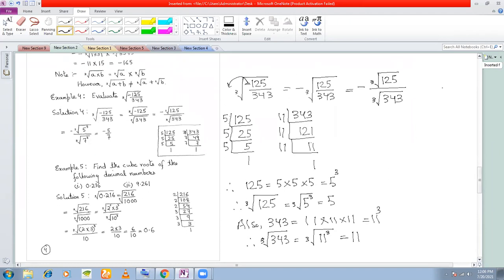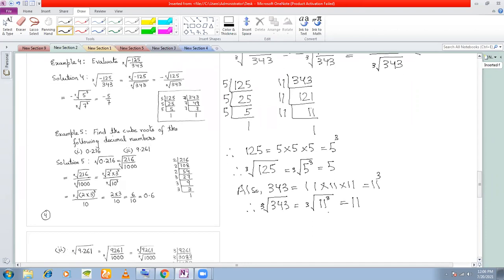Okay. So now coming back here, we had written cube root of minus 125 divided by 343. We had written this as minus cube root of 125 by 343, and this we had written as minus cube root of 125 divided by cube root of 343, which is, now we have found out the cube root here.